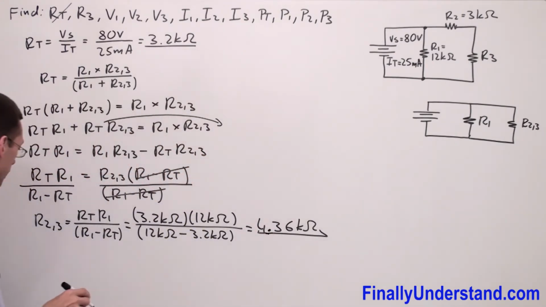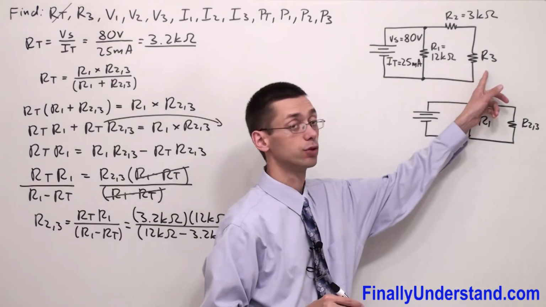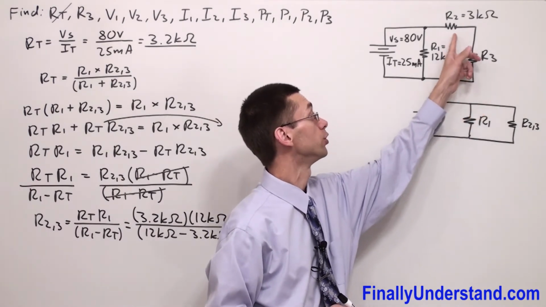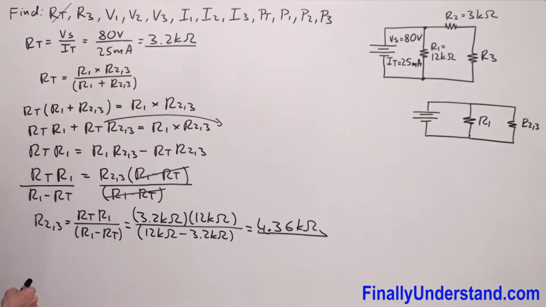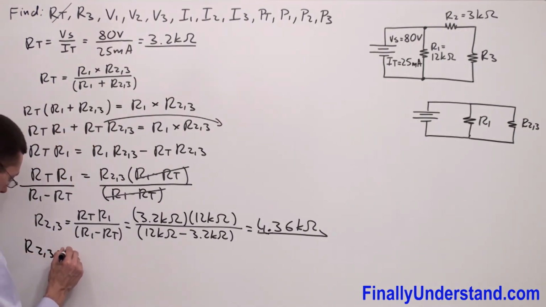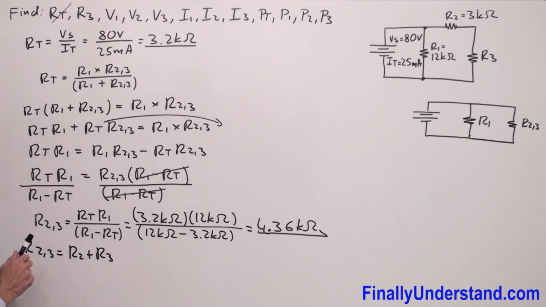Please notice that we're not looking for R2,3. We're looking for R3. As we said before, these two resistors are in series, so you have to realize that R2,3 is equal to R2 plus R3. We found R2,3 and we are given R2, so we can very easily find R3 by solving this formula for R3.